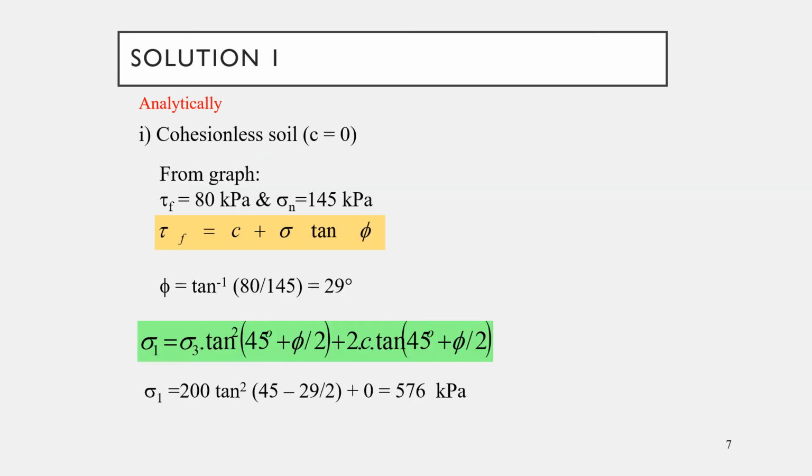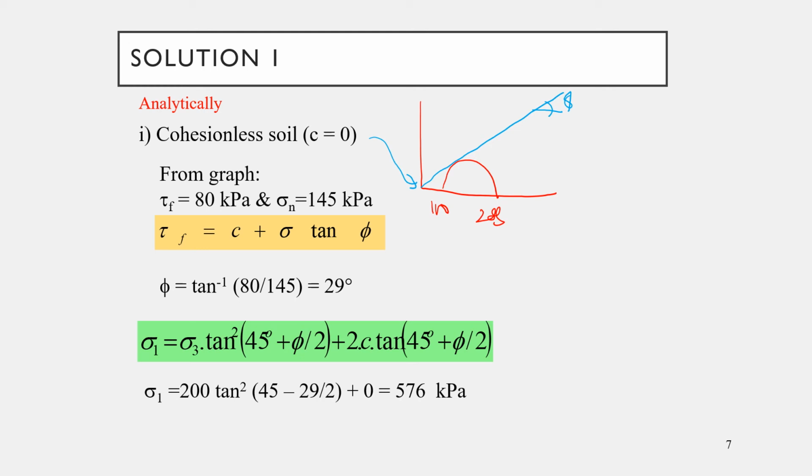For cohesionless soil, we know that C is equal to 0. Therefore, if you plot a Mohr-Coulomb diagram for the first sample, we start with sigma 3 of 100 and sigma 1 of 288. We know that the failure line will be something like this, where C is equal to 0, and you only rely on the friction angle.